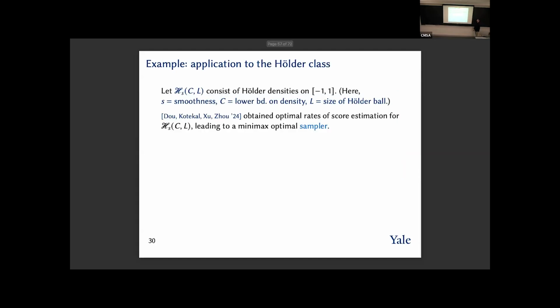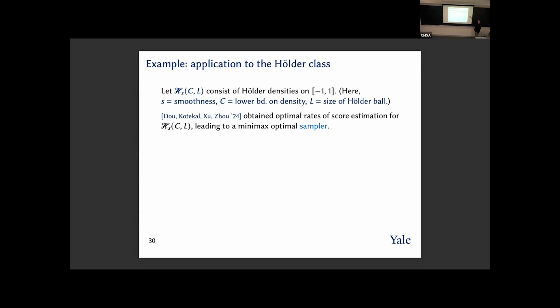So here's an application. Let's consider the standard Hölder class of densities on the interval. You can also extend to higher dimensions, but let's stick to one dimension for simplicity. S is the smoothness level, and you have some lower bound on the density.